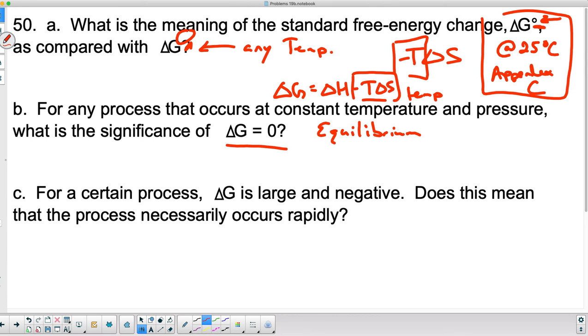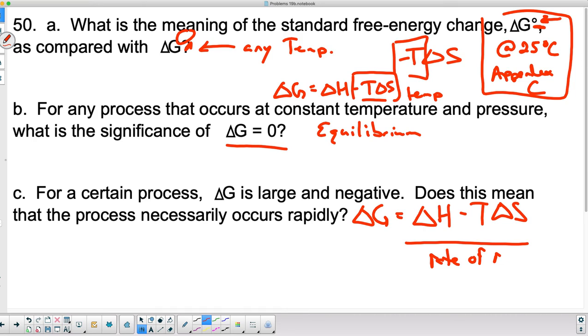For a certain process, delta G is large and negative. Does this mean that the process necessarily occurs rapidly? Okay, here's something. Delta H is our enthalpy term, minus T delta S is our entropy term. Under none of these terms does anything discuss rate of reaction.